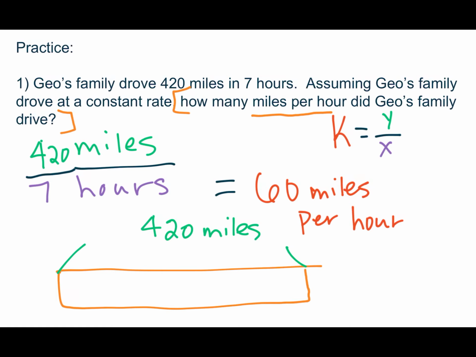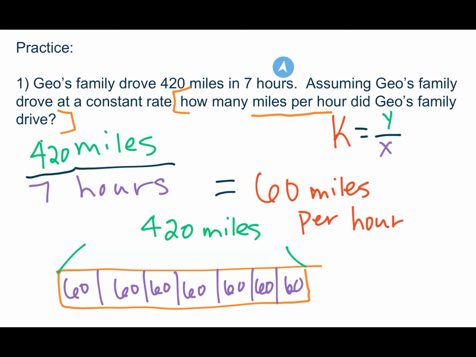And I'm going to divide it into however many pieces are in my denominator, which in this case is 7. So when I divide 420 miles up into 7 different pieces, I get 60 miles in each of these pieces. And we know from the context of our problem that each piece represents an hour.